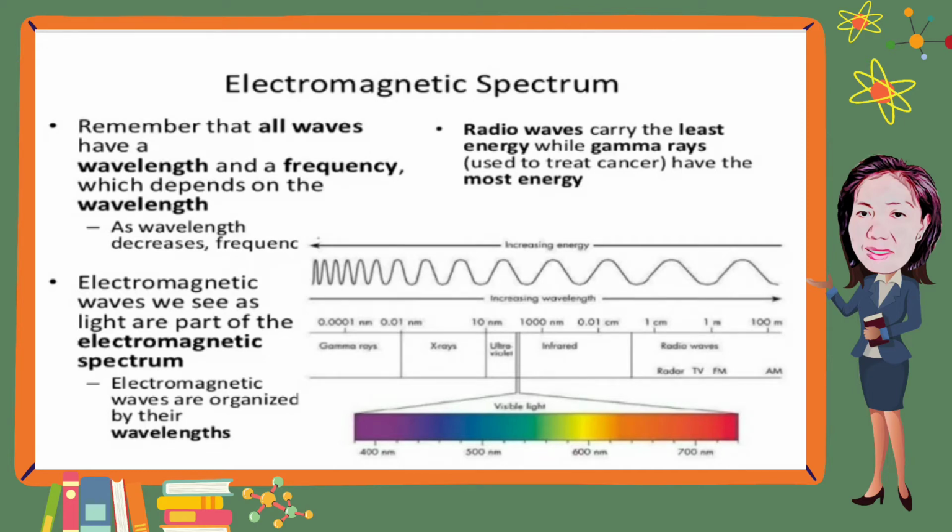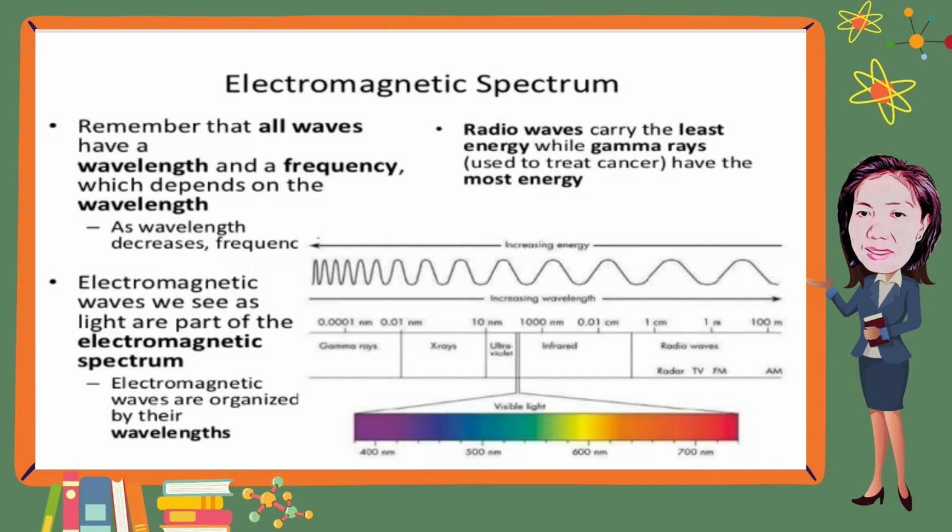So let's compare sa which one has a greater wavelength and lesser wavelength. Okay, between yellow and purple, which one has a longer wavelength? Yellow. Very good. Okay, between the blue and red, which one has a longer wavelength? Red po. Red.